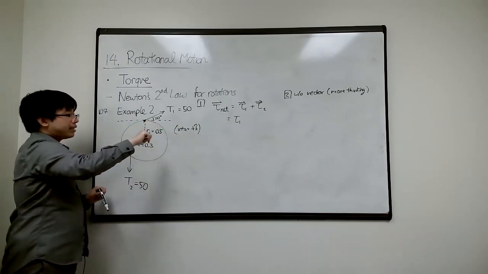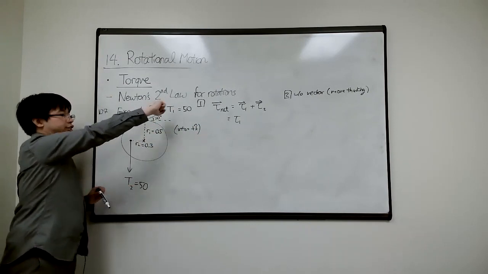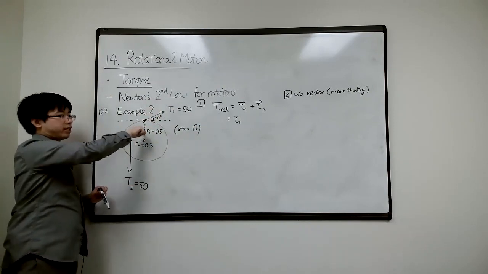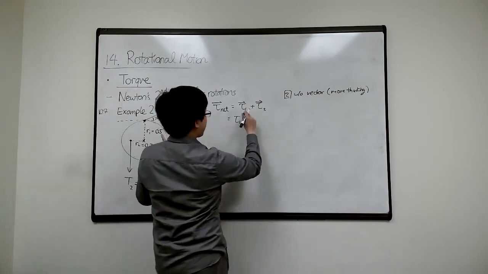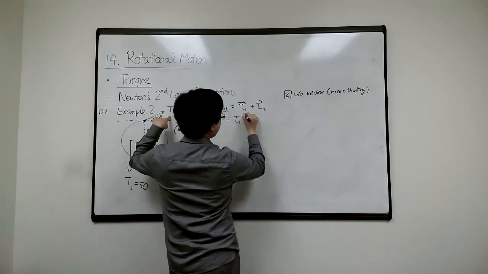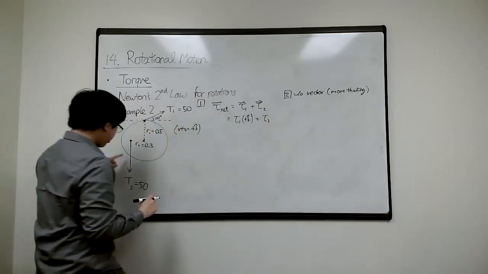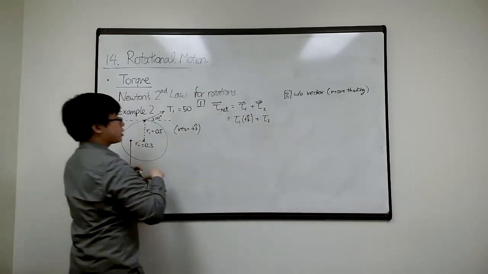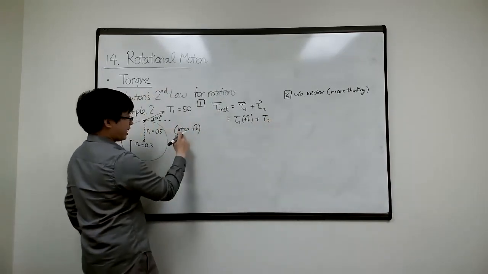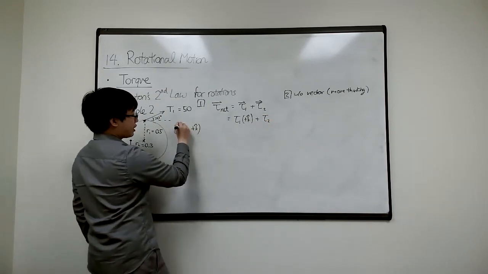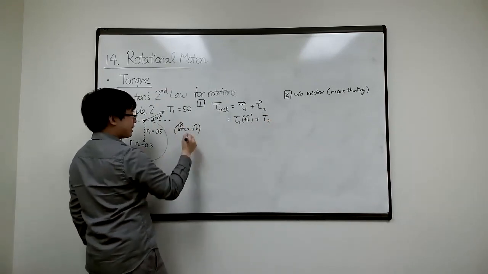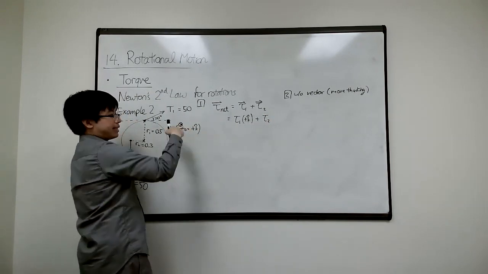T1 is going to create a torque into the board. It's going to do it this way, so the torque created by T1 is going to be positive k times the magnitude. T2 is going out of the board. Into the board is really counterintuitive for me, so I'll draw the symbol: the cross means into.